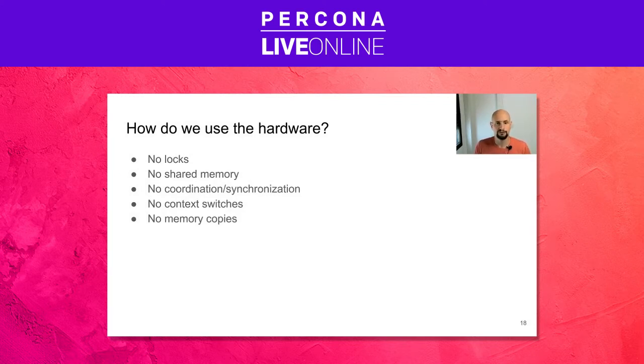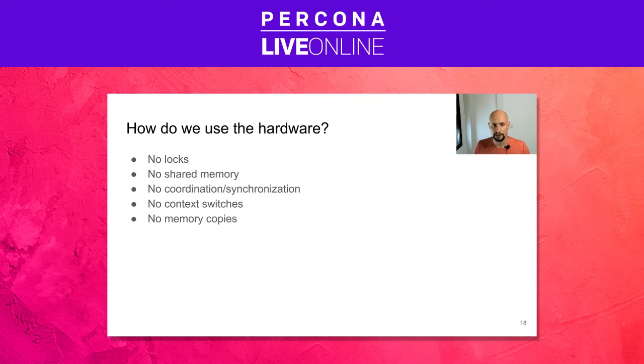So we want to avoid locks as much as possible, and that means we want to avoid shared memory. And also we want to be able to use NUMA. So again, another reason to avoid shared memory. We want as little or no coordination as possible. And of course, no synchronization, in order to be able to get the linear scalability region of the USL as far as possible. We also want to do as few context switches as possible, if any at all, because every context switch basically means a missed opportunity to read from disk.